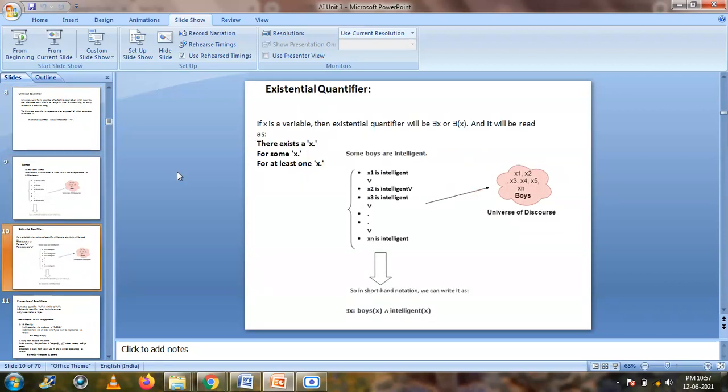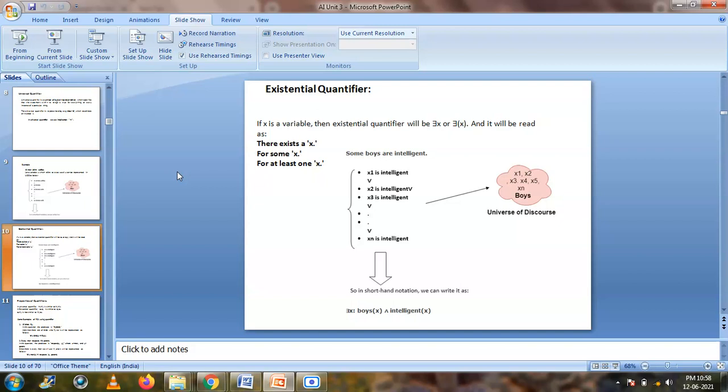Next, the existential quantifier. Example: some boys are intelligent. Here x1 is intelligent, x2 intelligent, x3, and so on; whether they are intelligent or not, whatever it may be. But what's the statement? Some boys are intelligent.